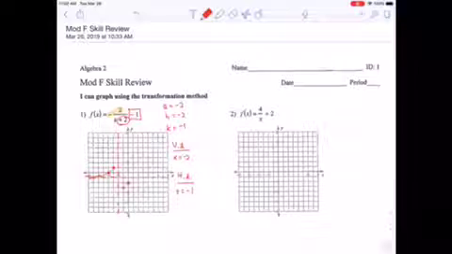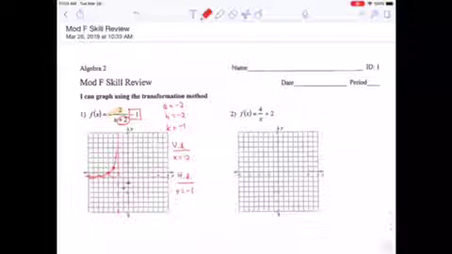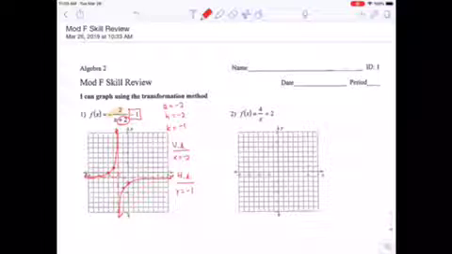Again, make sure that these curves do not cross your asymptotes, because that would be bad. And again, I'm not looking for a Picasso or something really beautiful. I'm just looking for, did you go through the points and did you not cross the asymptotes? Okay?